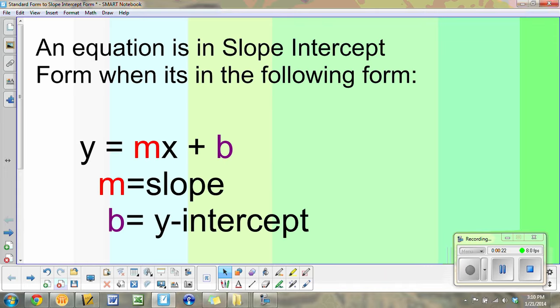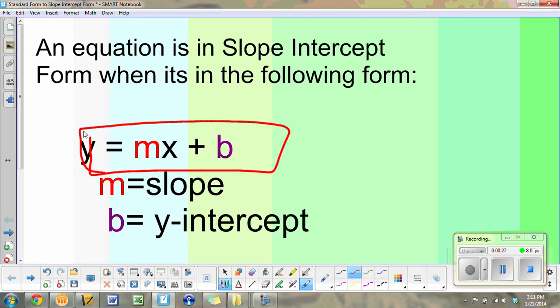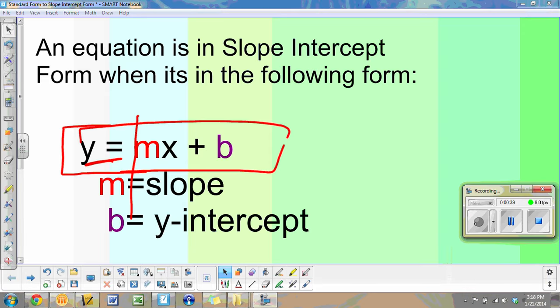So this is an example of slope-intercept form. You'll see that the y is on one side all by itself. Okay, and then on the other side we have our x and a constant.